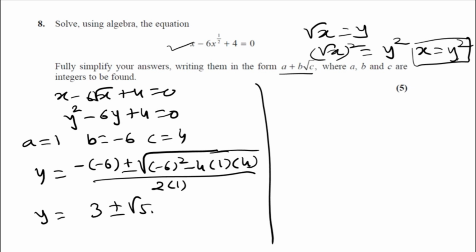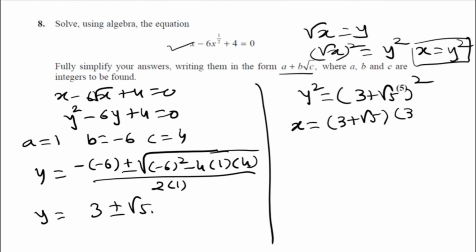Now to find x, I know y squared is equal to x. So I am squaring both sides. So 3 plus root 5 squared, and y squared is equal to x. Now 3 plus root 5 squared, you can do 3 plus root 5 times 3 plus root 5. When you multiply, that will give you 9 plus 6 root 5 plus 5.